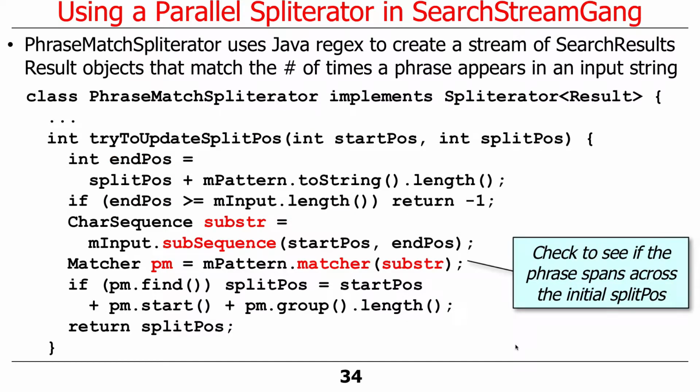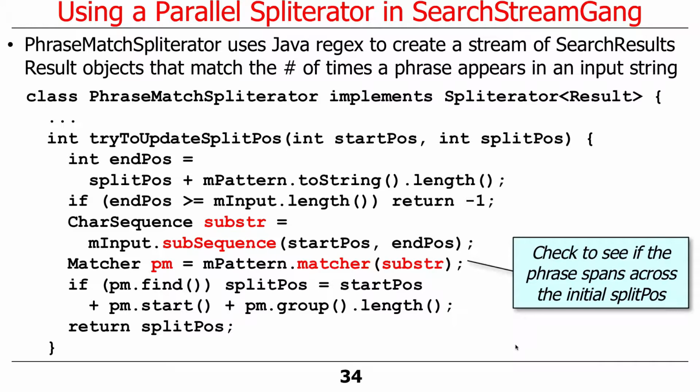But once we've done that, we then go ahead and see if the phrase spans the initial split pause. And the way we do this is we make ourselves a subsequence from the start pause to the end pause, and we make ourselves a regular expression that will search within that region, and then we go ahead and try to see whether or not the substring is found anywhere within that region.